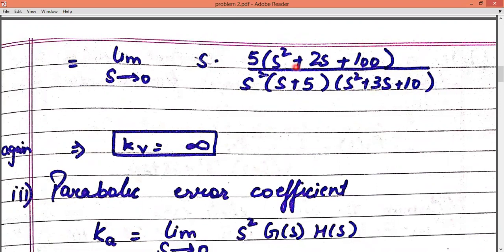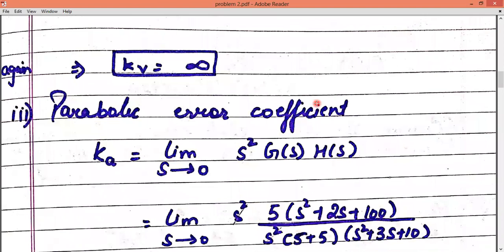When we do the multiplication, this s will be cancelled out, and when we put the limit, we again get Kv equals infinity. You will do your practice. When you simplify this, after putting the limit, the answer will be infinite.